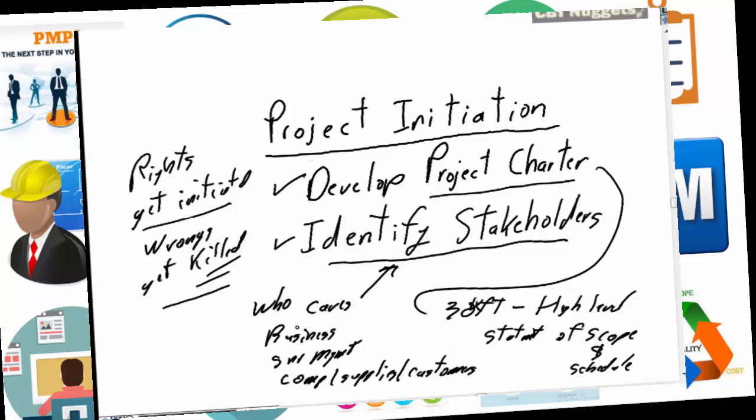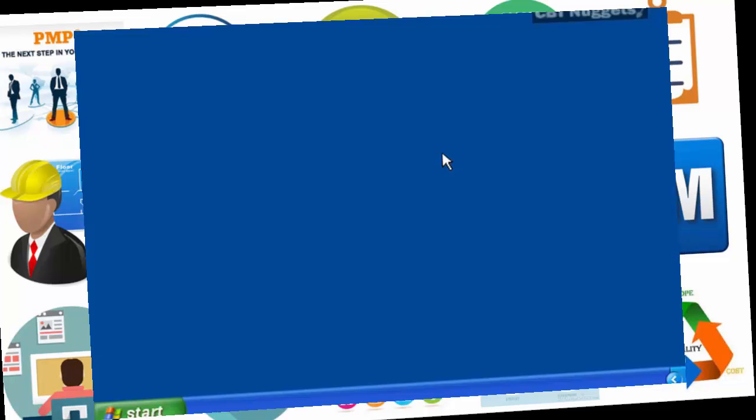Who are the people that our organization interacts with that are going to influence the direction of the project? With project initiation properly done, our organization is going to work on the right projects, and the right projects are going to proceed into the next process group, which is planning.